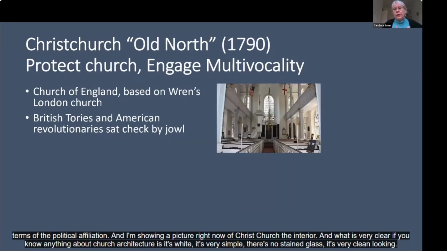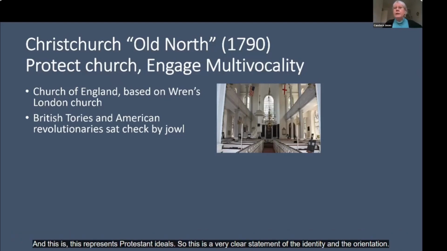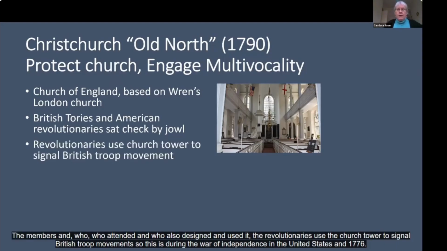And what is very clear, if you know anything about church architecture, is it's white, it's very simple, there's no stained glass, it's very clean looking, and this represents Protestant ideals. So this is a very clear statement of the identity and the orientation of the members who attend it and who also designed and used it.